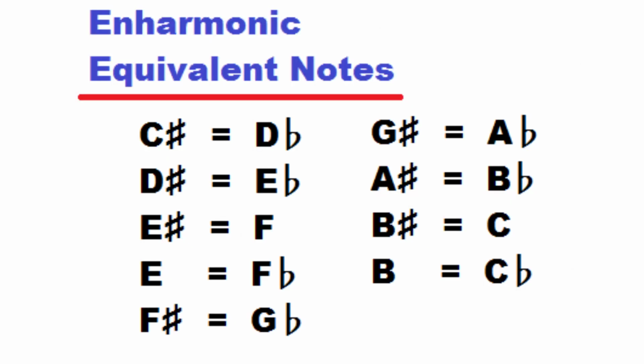Earlier, we saw that a piano key has more than one note name. A better way to put this is that one piano key can play more than one note. For example, the key that plays D flat can also play C sharp. When keys play more than one note, the notes are called enharmonic equivalents.